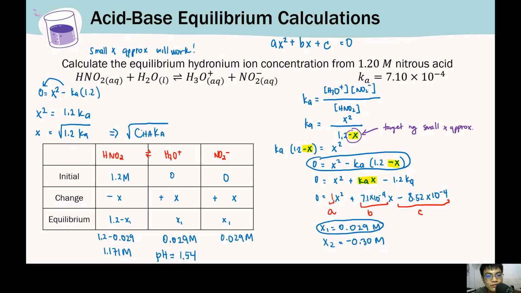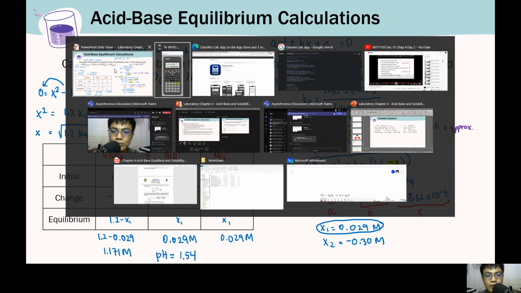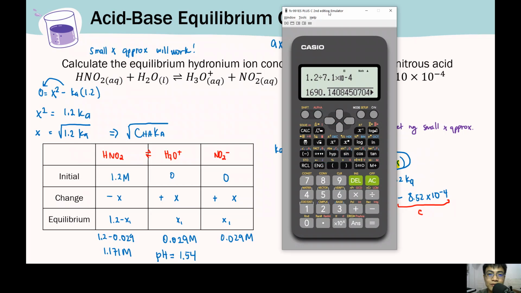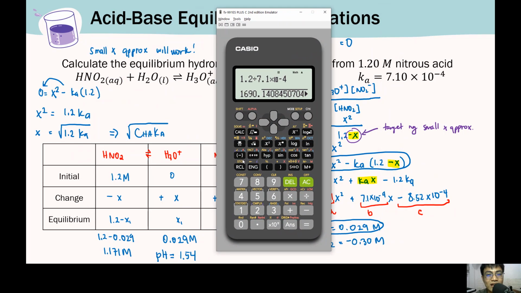The CHA refers to the concentration, let's say, of an acid, and the Ka is just the equilibrium constant. Let's try to get the square root of 1.2 times the Ka, and I will prove that we get the same x value.